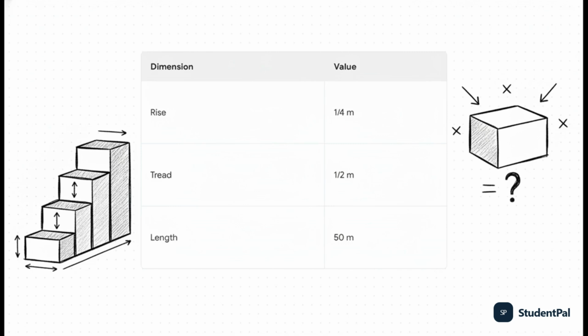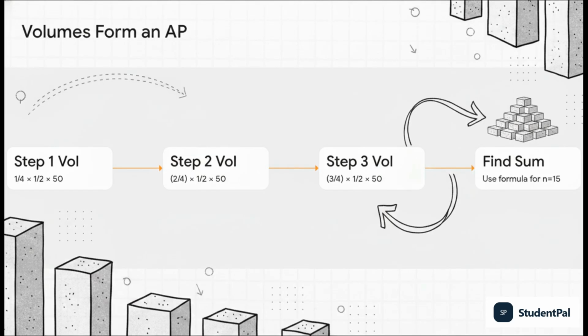The first step has a height of 1/4 meter. The second step is 2 times 1/4. The third is 3 times 1/4. And remember, the formula for the volume of a rectangular prism is just length times breadth times height. So let's write it out. The volume of concrete for step 1 is 1/4 times 1/2 times 50. Step 2 is 2/4 times 1/2 times 50. Step 3 is 3/4 times 1/2 times 50.